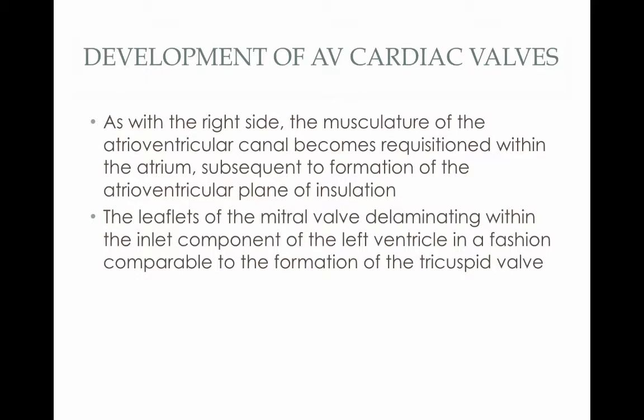So just like the left side and right side, that atrioventricular canal becomes a part of the atrium, and so now we have this division between the atrium and the ventricle, and this forms this plane of insulation from the atrium to the ventricles.